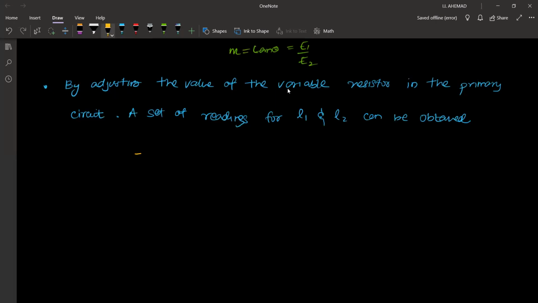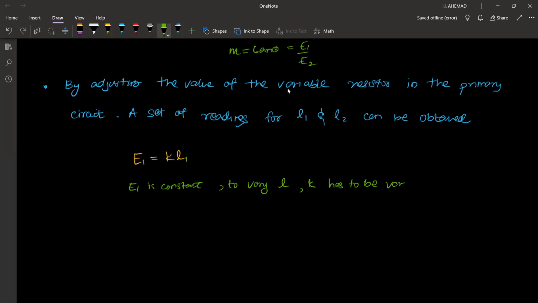We know that E is equal to KL, but E is constant. Let's say E1 is equal to K times L1, then E1 is constant. To vary L, K has to be varied.